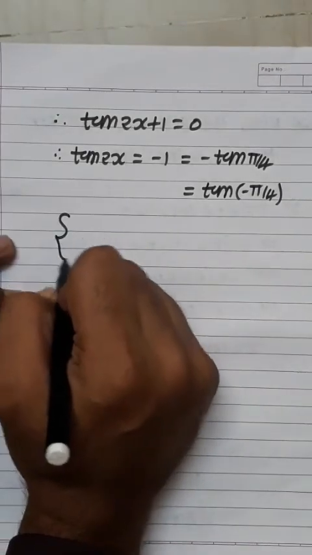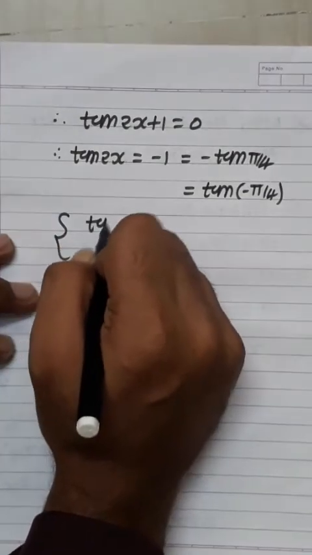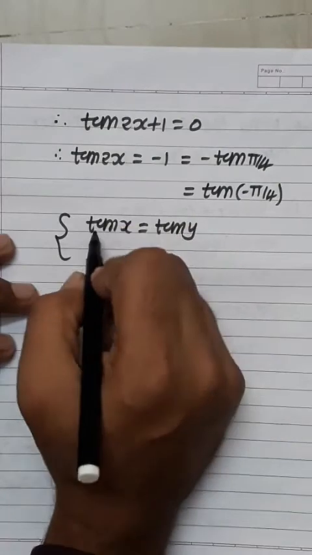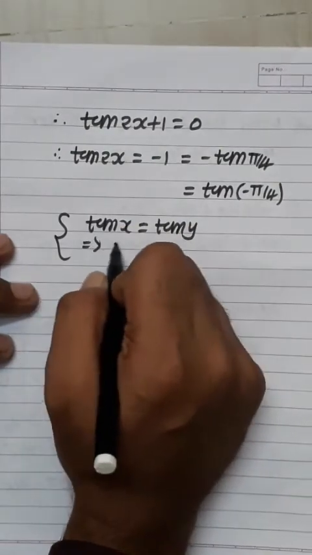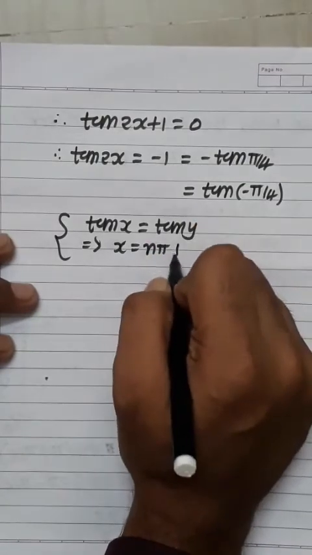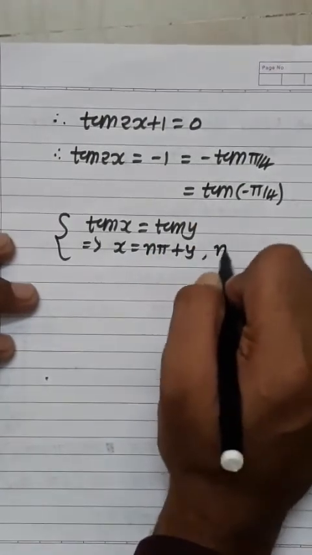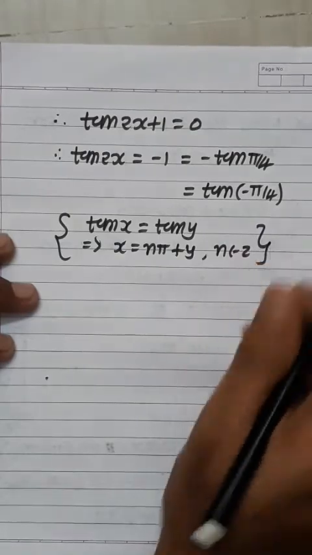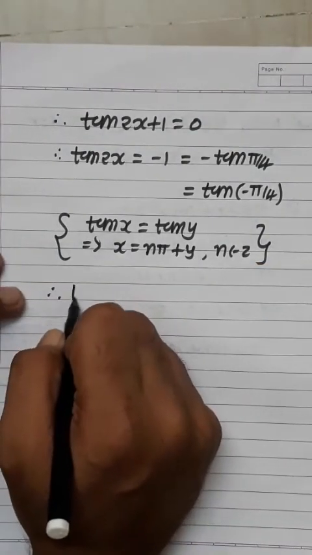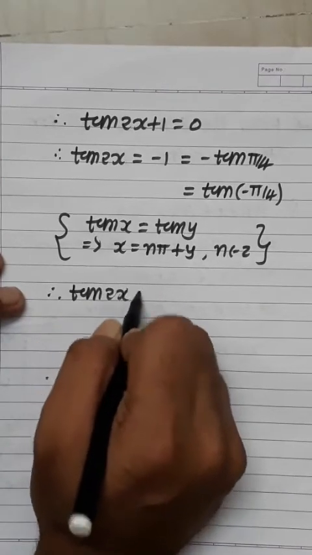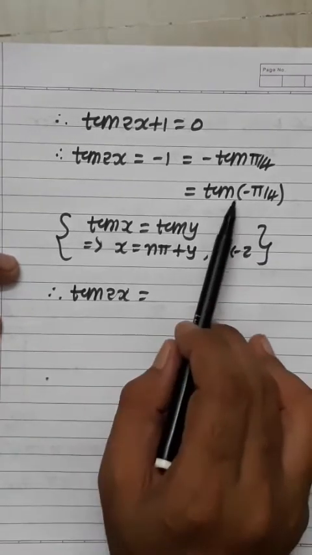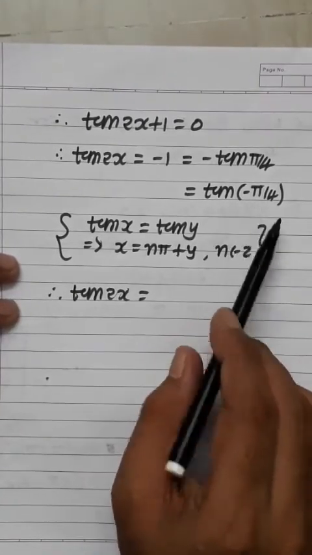Now we know the result: tan x is equal to tan y implies x is equal to n pi plus y, n belongs to Z. So therefore here we can write tan 2x is equal to, now remove this minus sign, and we know that tan is negative in the second quadrant.